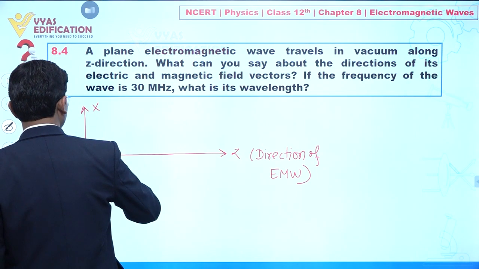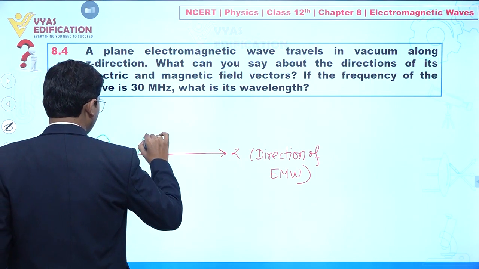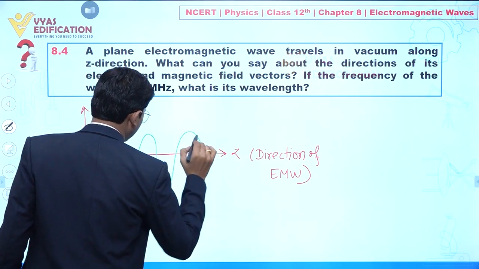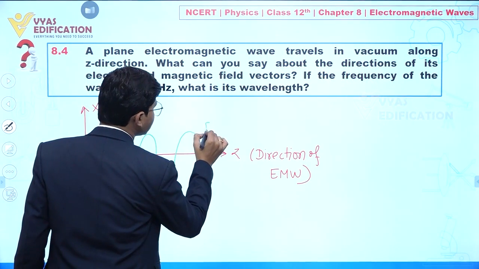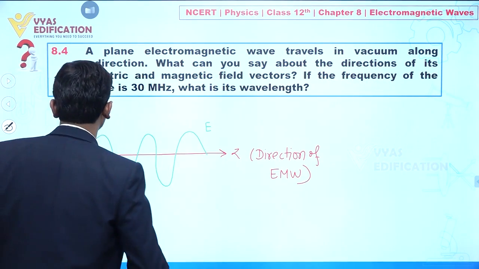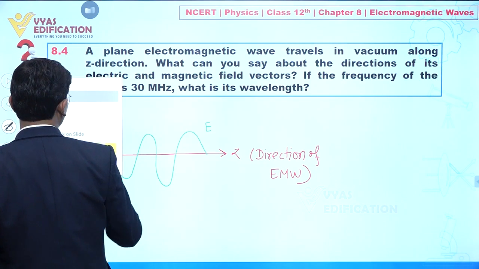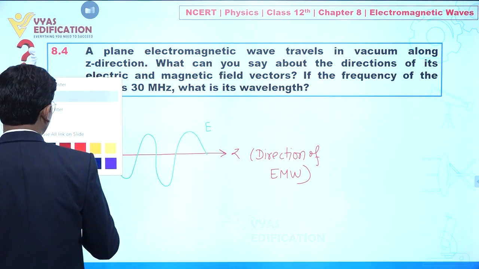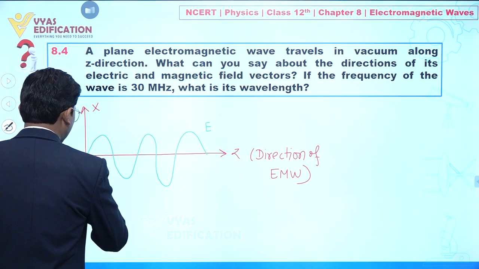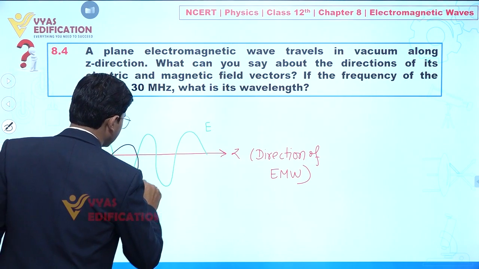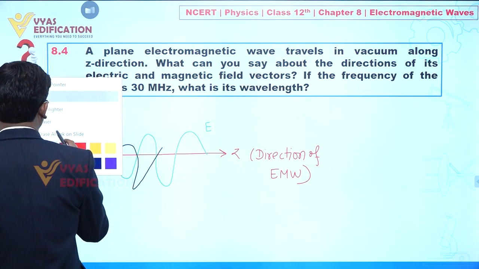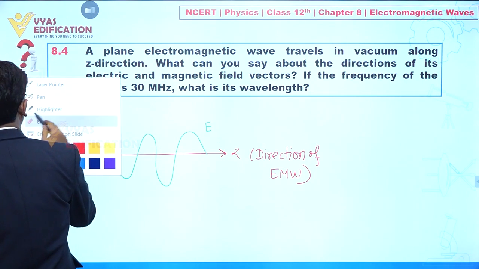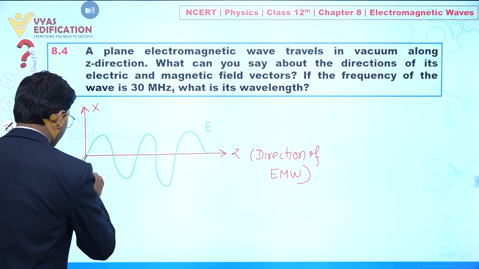just let's suppose this is the electric field. This is an oscillation of the electric field, but what about the oscillation of the magnetic field? So the magnetic field oscillation is given by something like this.